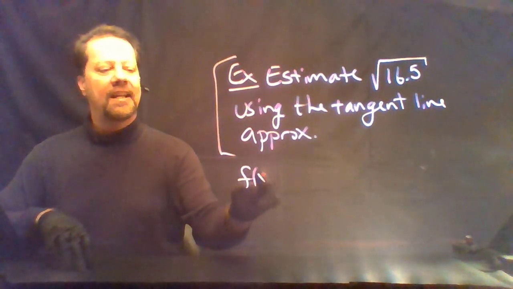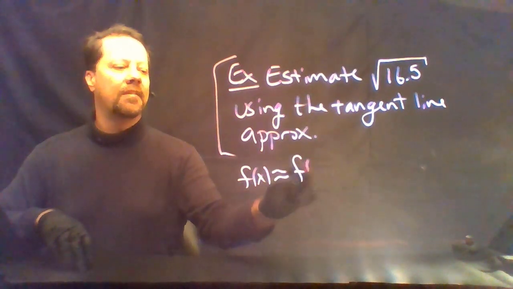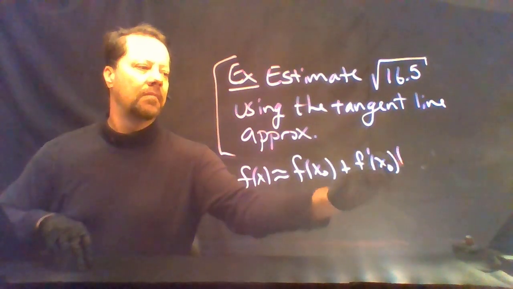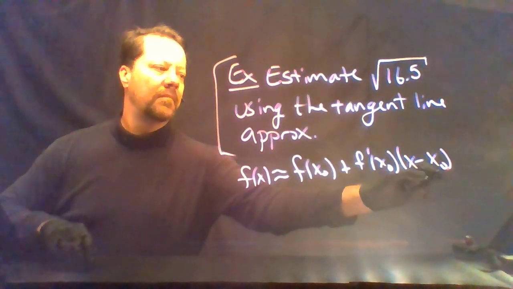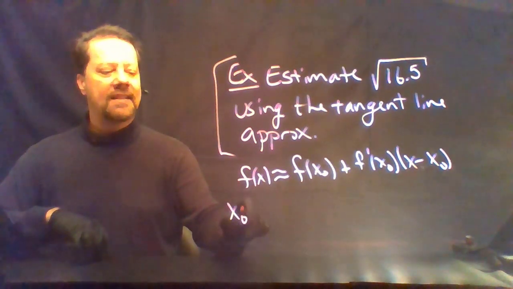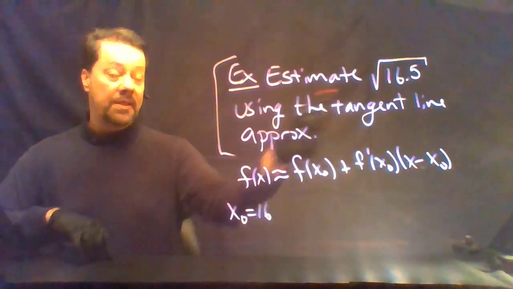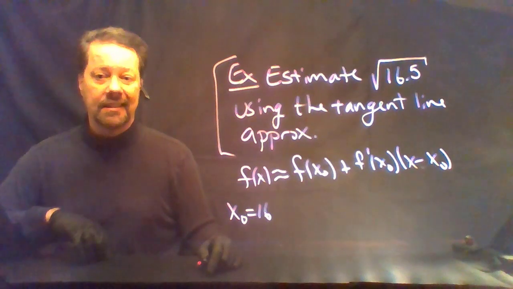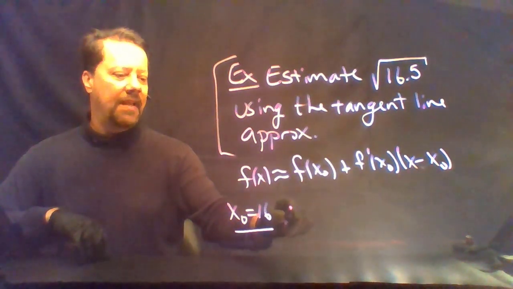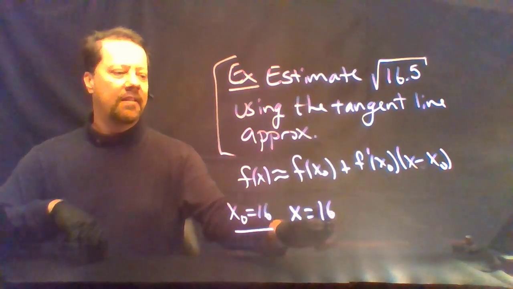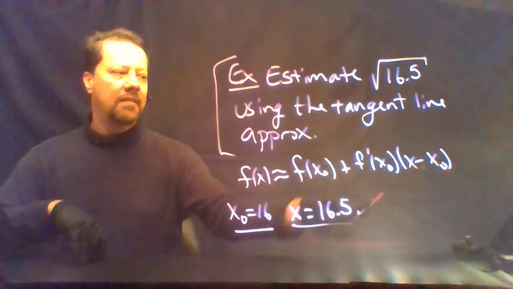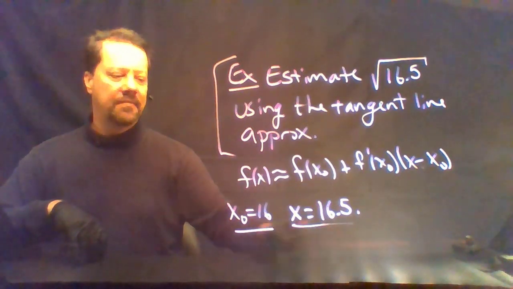Remember that the tangent line approximation is this. We'll choose x naught to be 16 because the square root of 16 is easy to calculate. In this case, x will be 16.5, so that the difference will be 0.5.